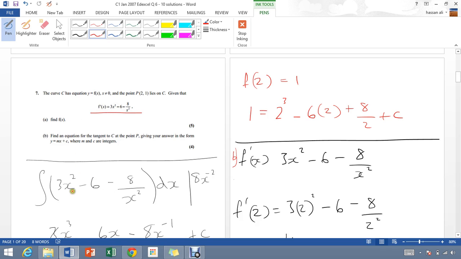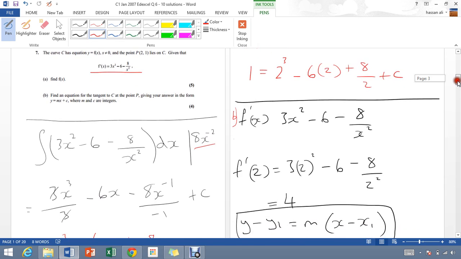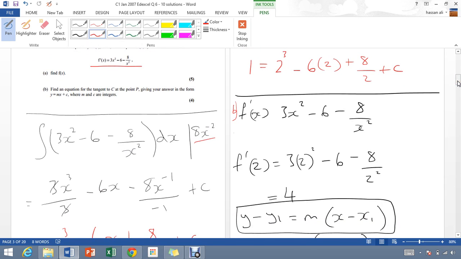So again, put this in your bracket. Now remember, 8/x² can be written as 8x to the power of minus 2, and it's better if you have it in this format as it will be easier for you to integrate. Once you integrate that, you should get 3x³ over 3, because we simply add 1 to our index and divide by the new power.